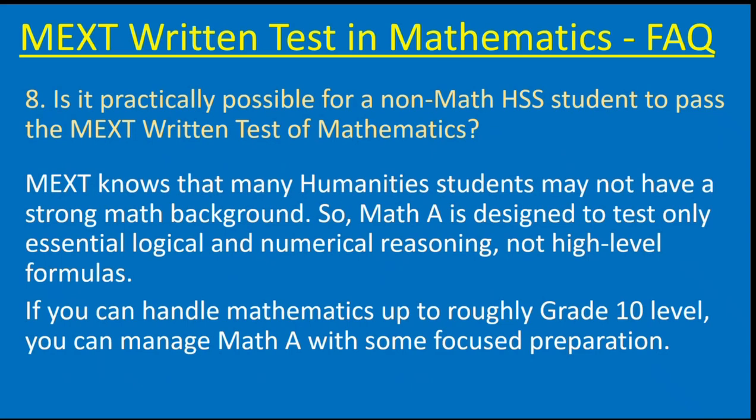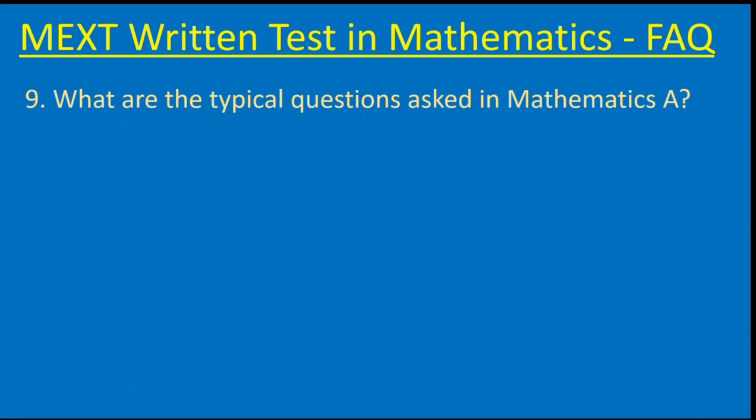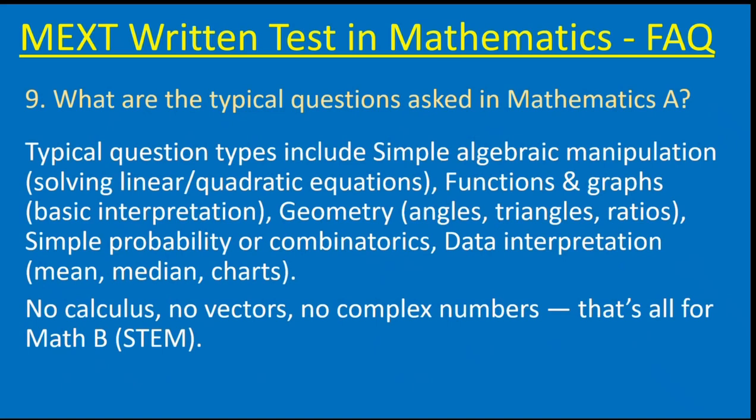What are the typical questions asked in Mathematics A? Typical question types include simple algebraic manipulation, such as solving linear or quadratic equations, functions and graphs and their basic interpretation, geometry, including angles, triangles, ratios, then simple probability or combinatorics, and data interpretation, that is statistics, which includes finding the mean, median, and interpretation of charts, graphs, bar diagrams, and so on.